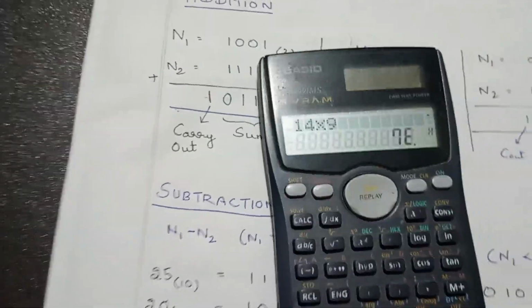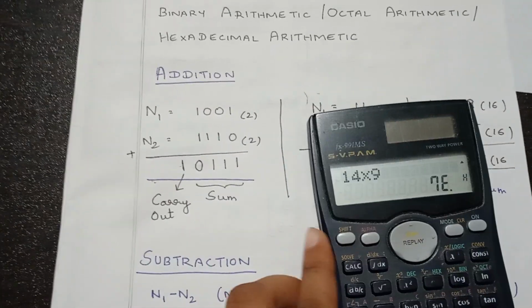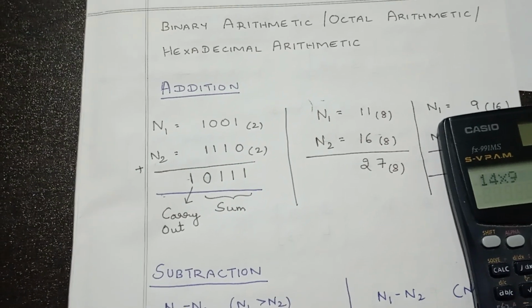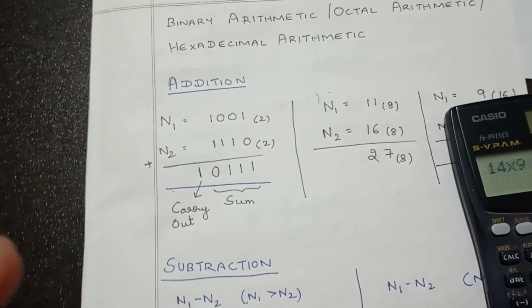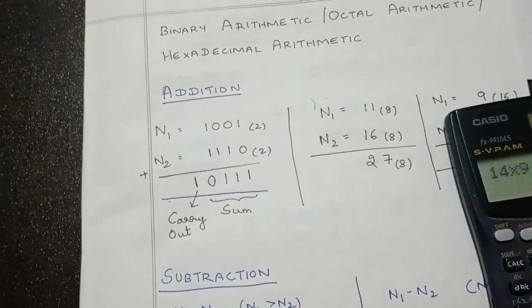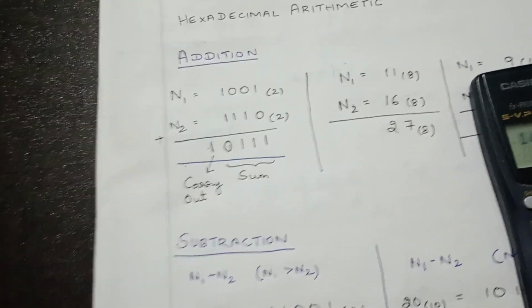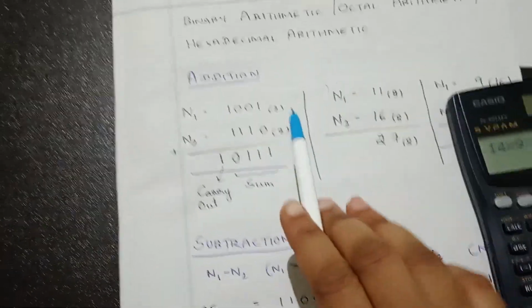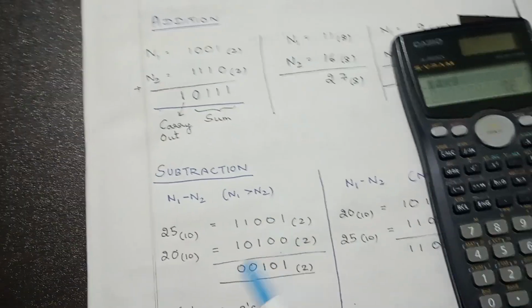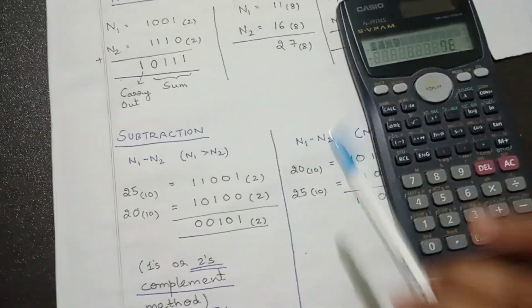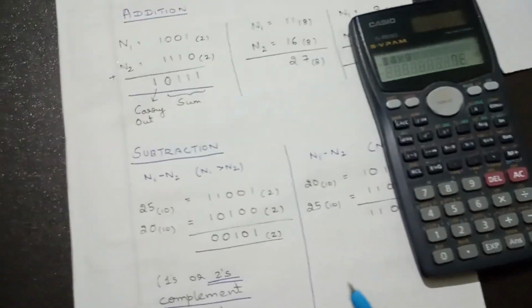So you can do not only addition and subtraction but also multiplication, and this is very useful not only to verify your answers. Electronics is a common subject for most of the students in first year, so it is helpful. Suppose the given problem, addition and subtraction that we have, doesn't have any fractional part, only then you can verify this. But subtraction you can verify only for the 2's complement method, not for the 1's complement method.